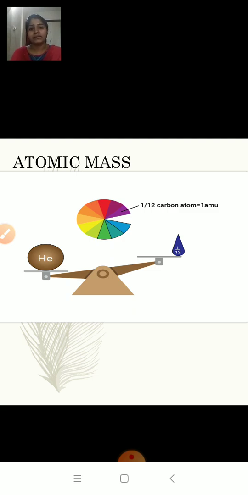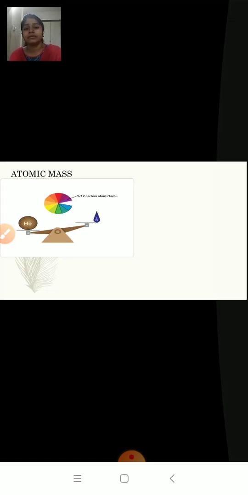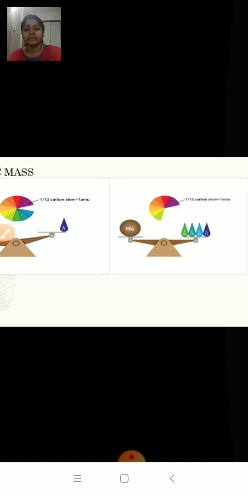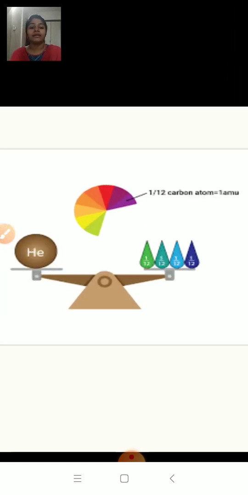Still the balance is not equal. Take again one more piece. That is, a total of 3 pieces are placed on one side of the balance, but still the balance is not equal. Now when we place the fourth piece on the balance, you can see that the balance is equal now. So I can say that there are 4 pieces on the balance.